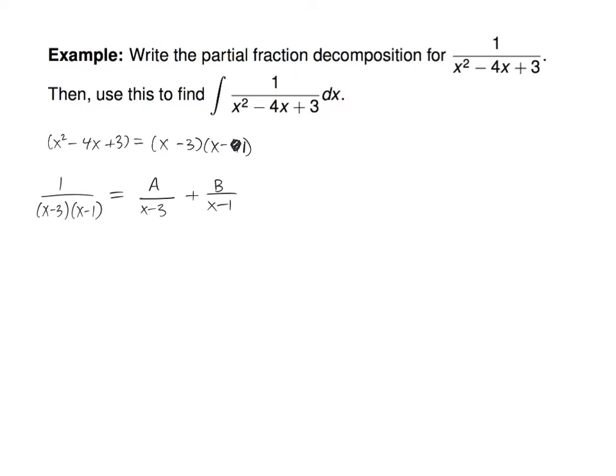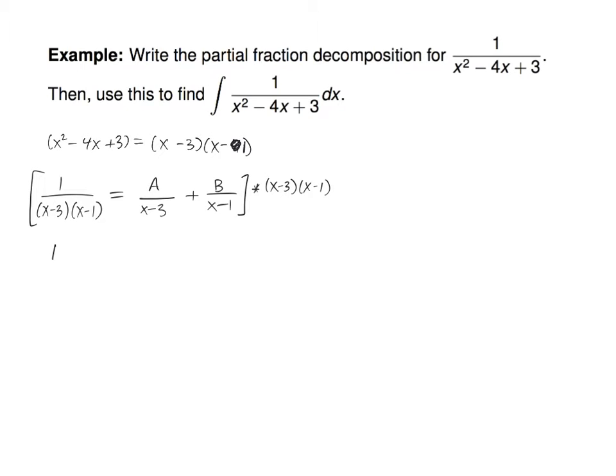What you do is you take this expression and you multiply it by x minus 3 times x minus 1. I'm usually not going to write that step down because there's a really obvious pattern to what happens. When you multiply by x minus 3 times x minus 1, the left side gives you 1.